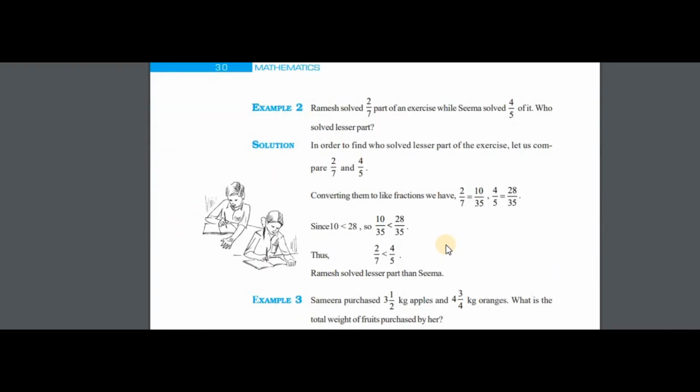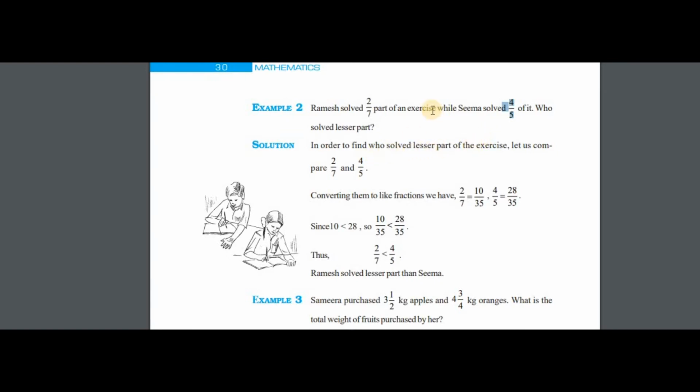And the next example: Ramesh solved 2/7 part of an exercise while Seema solved 4/5 of it. Who solved less? So here we are going to compare. And if you observe here, the denominators are different, 7 and 5.